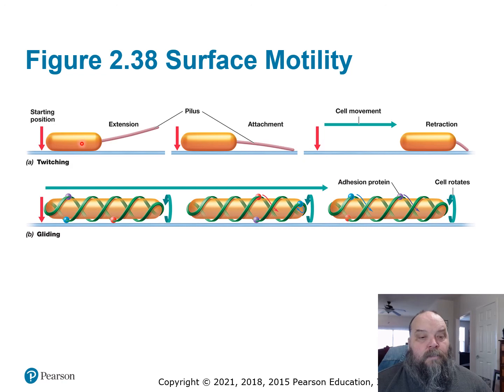So with twitching, the cell extends out that pilus-like thing, it attaches, it retracts, and it pulls the bacterial cell. Whereas gliding, like I said, is more of a contortion of the cell. So it kind of spins, and as it's spinning, it's moving.